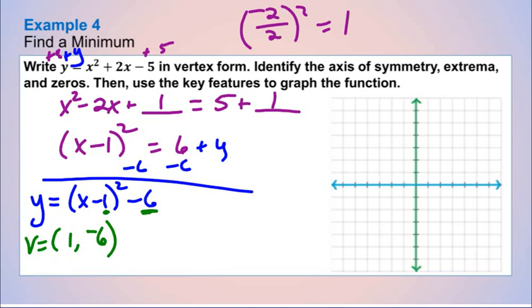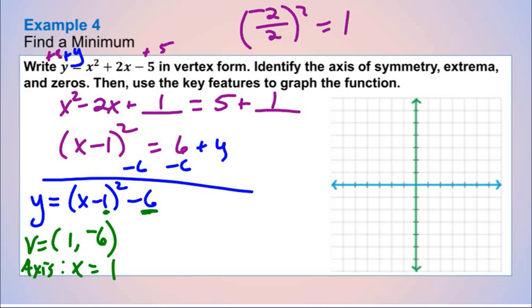And if I know my vertex, I know my axis is the x-coordinate of my vertex. So x would have to equal 1. And then to find my zeros, again, I could finish completing the square on this one.